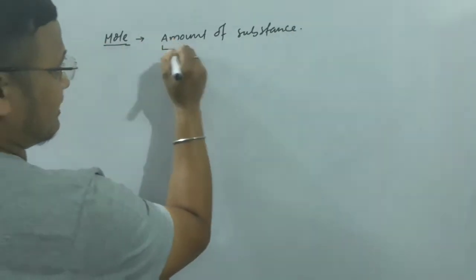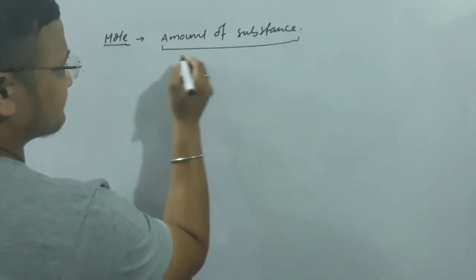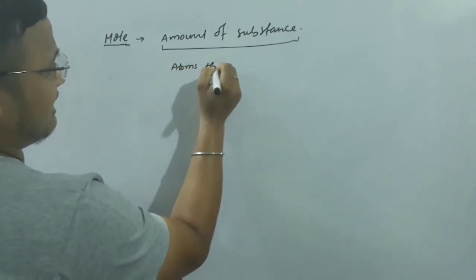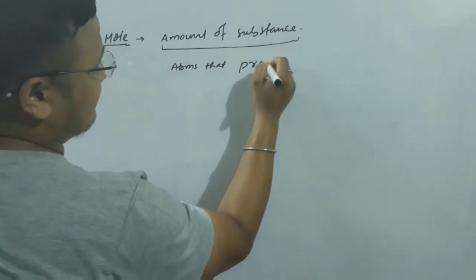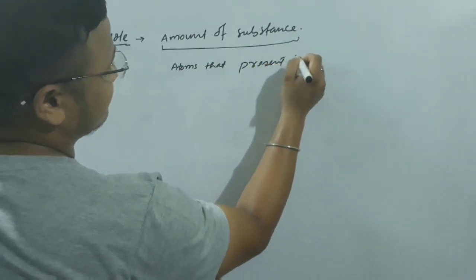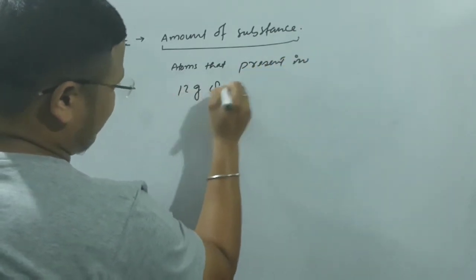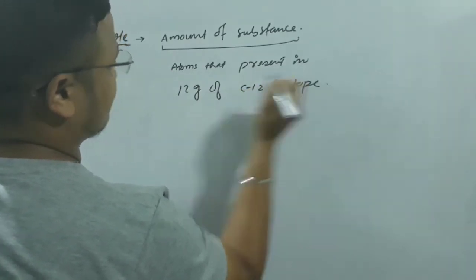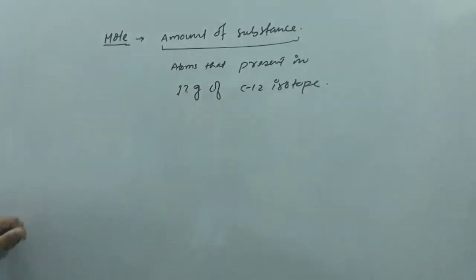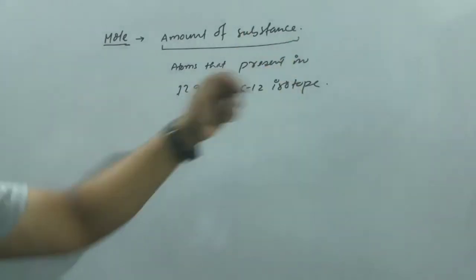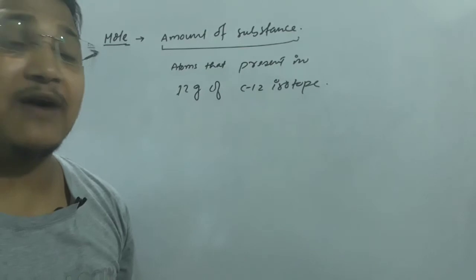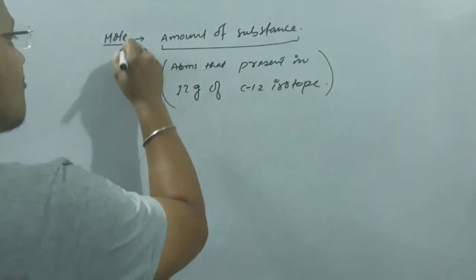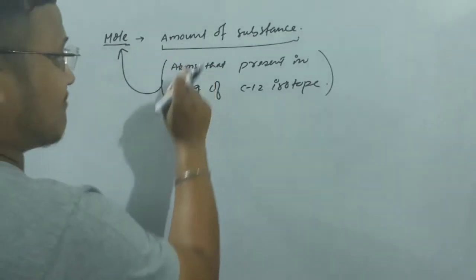It means the atoms that are present in 12 gram of C12 isotope. The atoms that are present in 12 gram of carbon 12 isotope is what we are talking about as a mole.